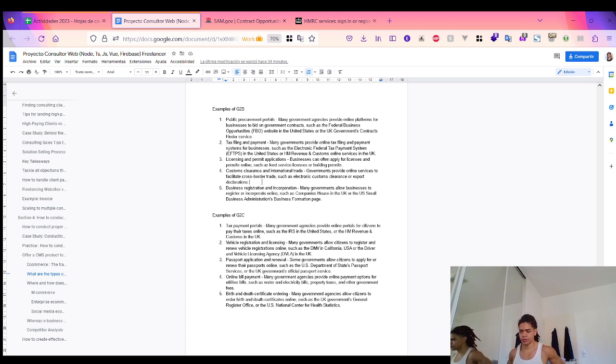So governments provide online service. This is exactly what happened with a lot of the dev shops or agencies in Europe or in the US, right? They were tied to their geographical talent pool. But with places like Upwork, they bridge that gap.